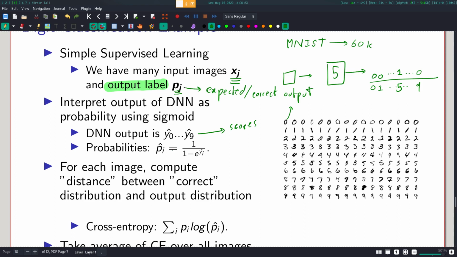So what we use, sorry, this won't be sigmoid, this will be softmax, a function that converts these scores into probabilities. Each score is converted into a value like this, and then you normalize it by the sum over all of the scores.